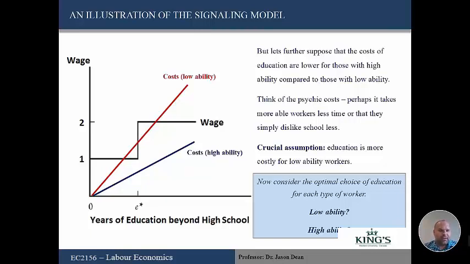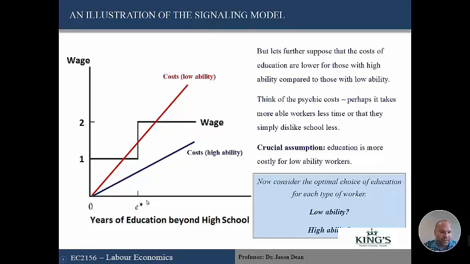Okay, now for signaling to work, high ability people must find it advantageous to get at least E-star years of schooling. So let's look at the high ability. If someone with high ability chooses to get 0 years of schooling, they'll get a wage of 1, so the return would be 1.